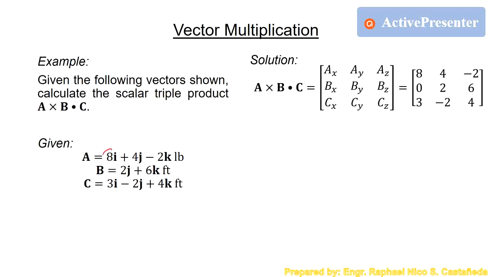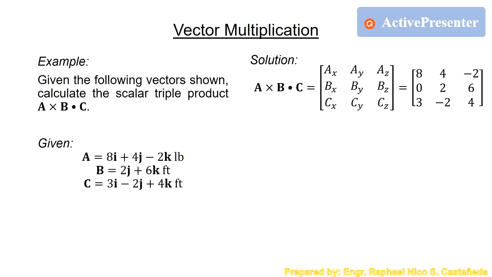For vector A, we have 8, 4, and negative 2. For vector B, 0 for x because there is no x component, then 2 and 6. Then we have 3, negative 2, and 4.